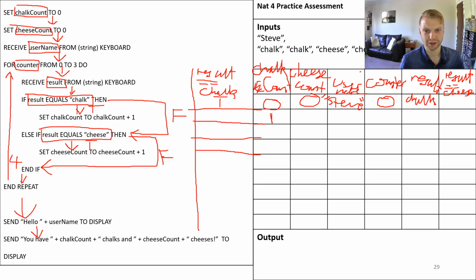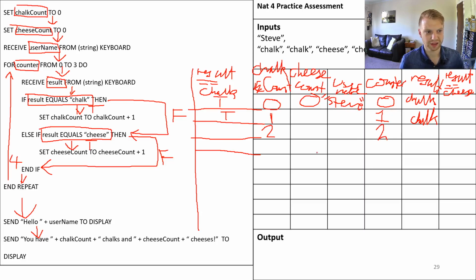So the counter goes up by 1, and then we try it again, so we get chalk again. If result equals chalk, well, this is true, and the counter goes up by 1. So 1 plus 1 is 2. We go back around, we skip this, counter goes up by 1 again, we get to 2.